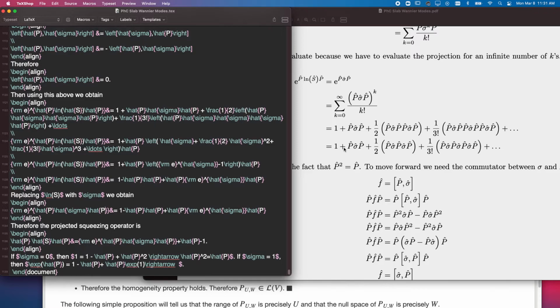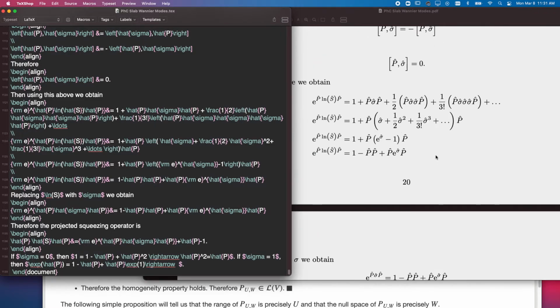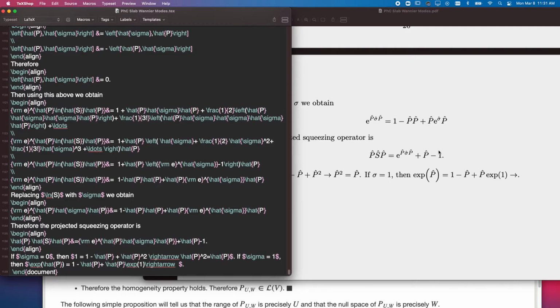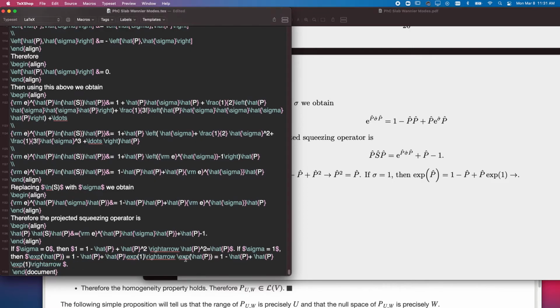No, it's 1 plus p times e minus 1. Equals 1 plus p times e.